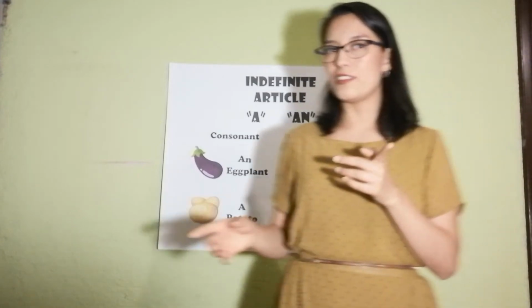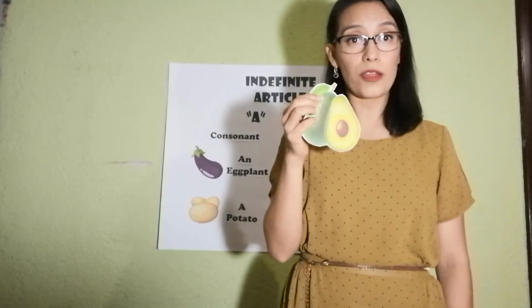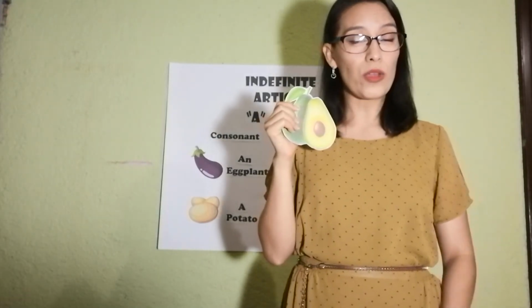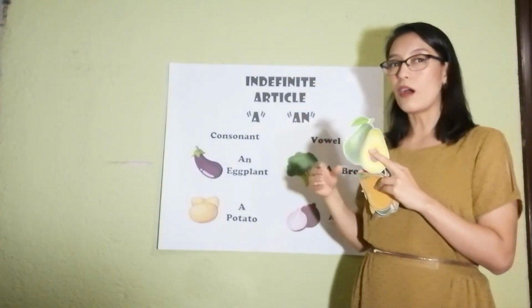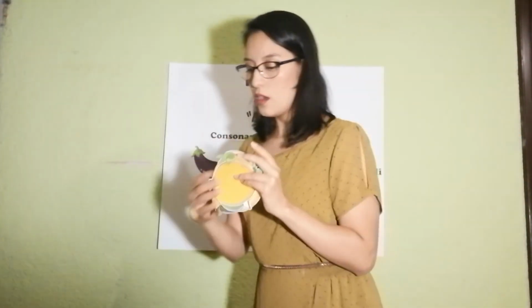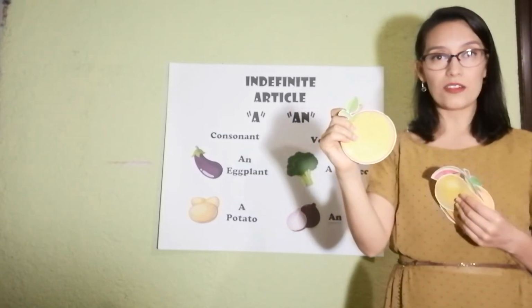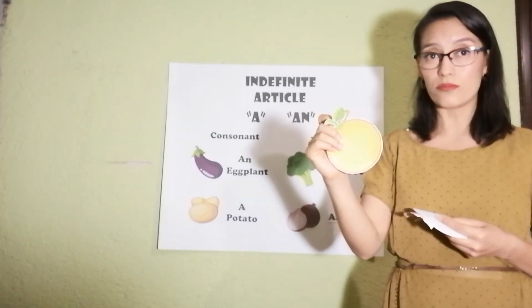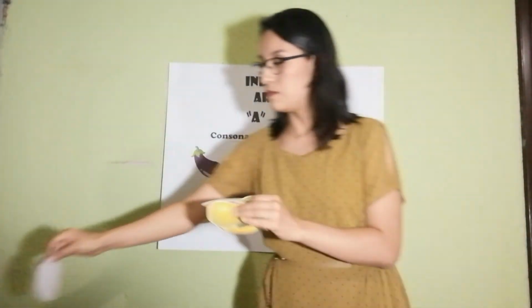So let's do this quick exercise. What do you think we have to use with avocado? We have to use an because it starts with a vowel. But about orange? Orange starts with the letter O, so it's an orange.